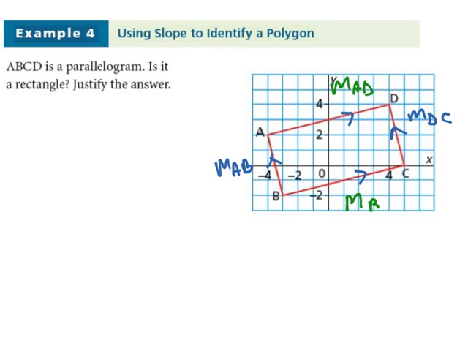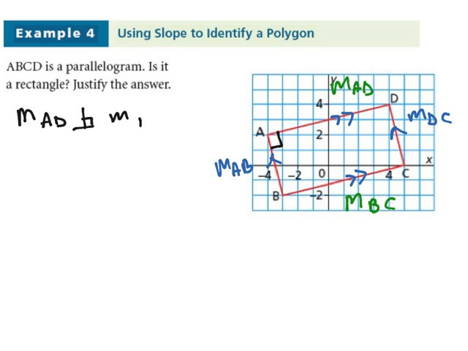The opposite sides are parallel. The definition of a rectangle is that the opposite sides are parallel, but also the angle between them has to be 90 degrees. That means line segment AD has to be perpendicular to line segment AB. That's the definition.